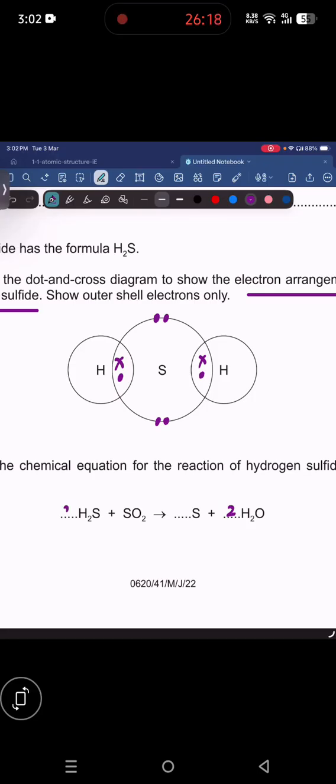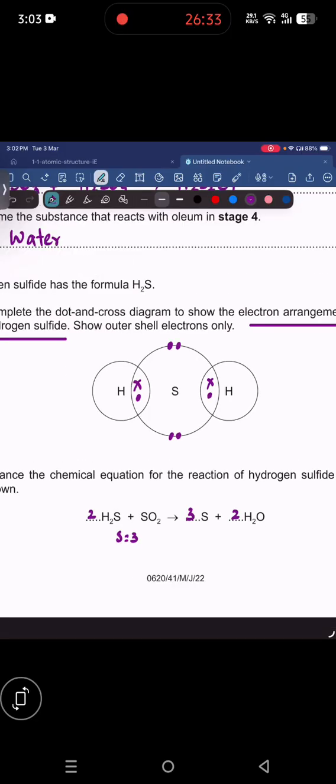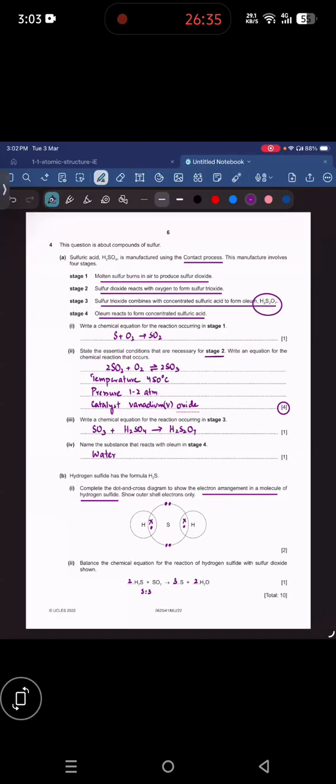So we have to place the 2 here. This 2 increases the sulfur. Sulfur now on the reactant side is 3. So to make the sulfur on the product side 3, we have to place the 3 here. The equation is balanced now. Okay. This question is also complete. Now let's move to the next part.